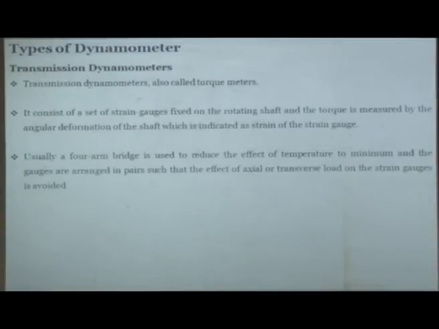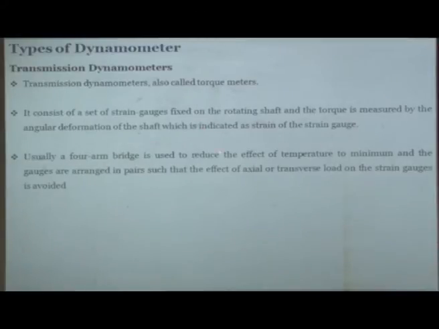Then there are transmission type dynamometers, as we mentioned. So this is all about the absorption type. Transmission types, also called torque meters, consist of strain gauges fixed on the rotating shaft. Torque is measured by the angular deformation of the shaft, which is indicated as strain on the strain gauge.